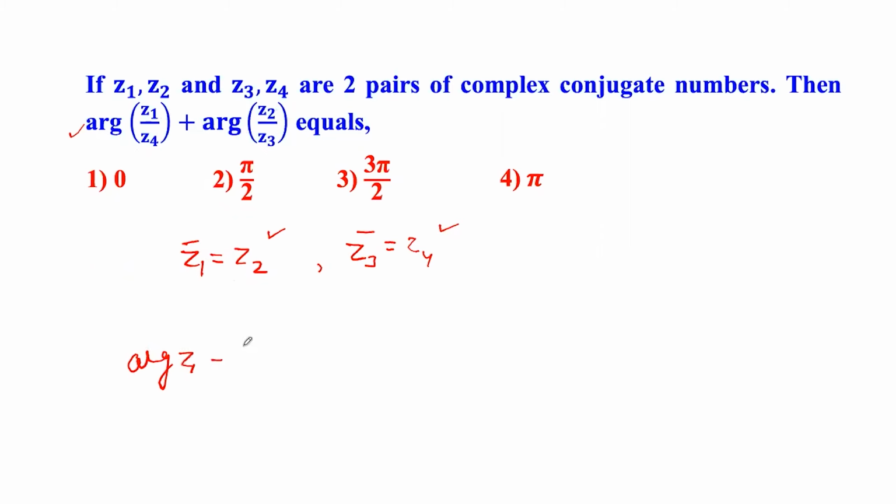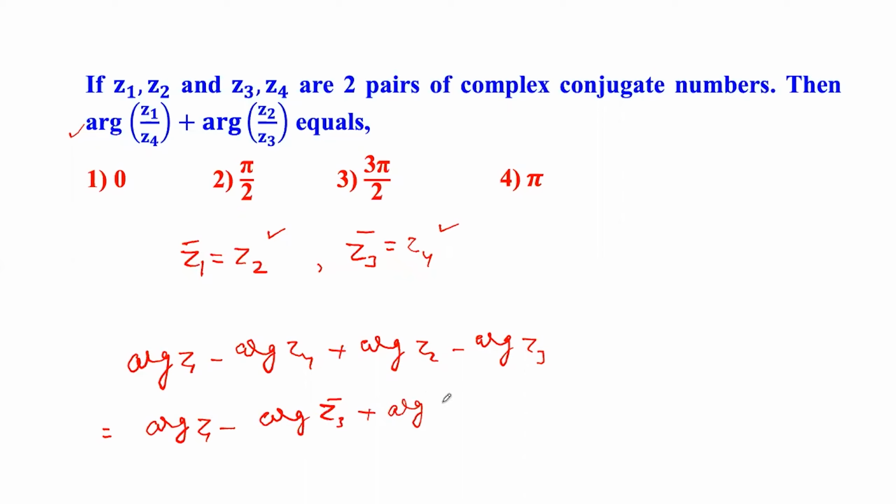So we can rewrite it as arg of z1 minus arg of z4 plus arg of z2 minus arg of z3, right? And by formula, we know that these two, z1 and z2, are conjugates of each other, right? So we can apply the formula as arg of z1 minus arg of z4, which is z3 bar, plus arg of z2, which is z1 bar, minus arg of z3, right?